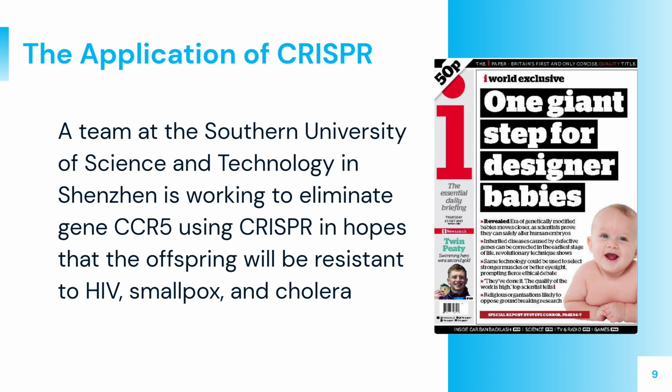As you can see on the right here, this is a magazine cover of when people realized that this was being done, and that basically the trial was successful. One giant step for designer babies.